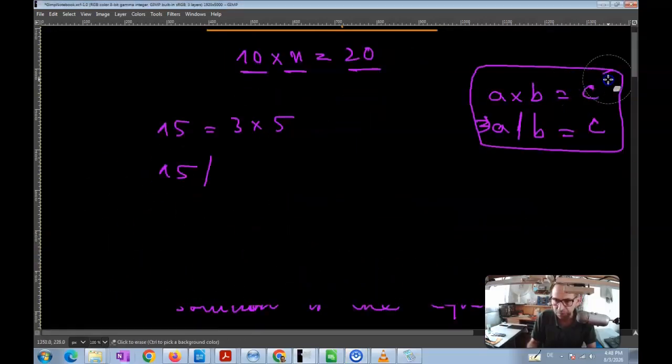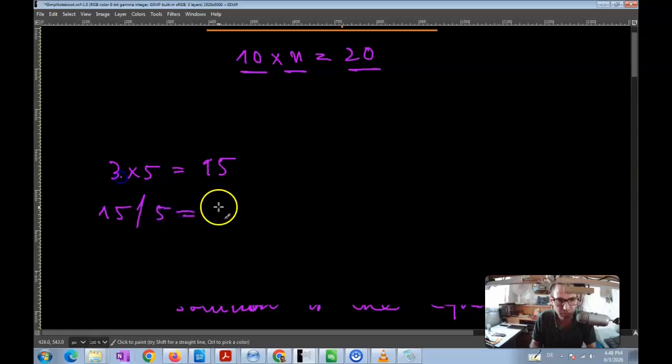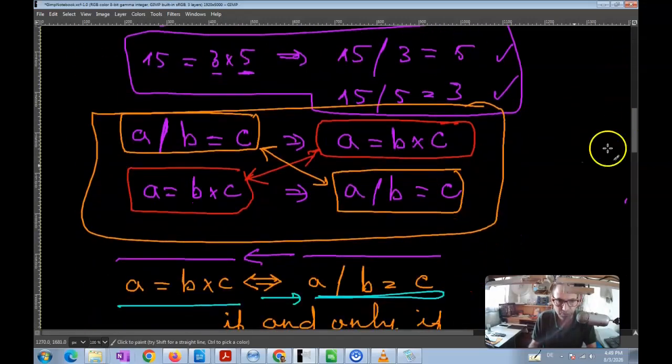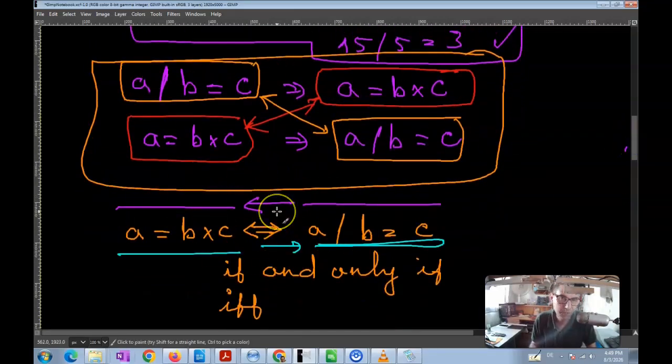We saw that when you have 3 times 5 is equal to 15, then when you divide 15 by any of these two numbers, for example the 5, you will get the other number, which is 3. You don't have to make it unnecessarily complicated for yourself. I just wanted to introduce a couple of things and make it formal, because sooner or later we'll have to do this kind of thing in our work here.